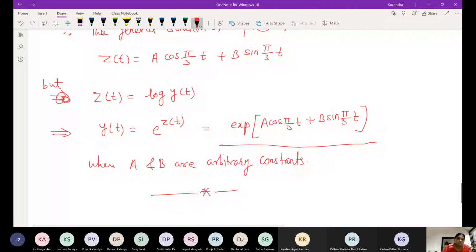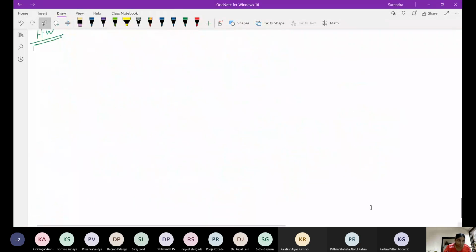Based on this, there is homework. Use a logarithm to solve exercise 3.99.